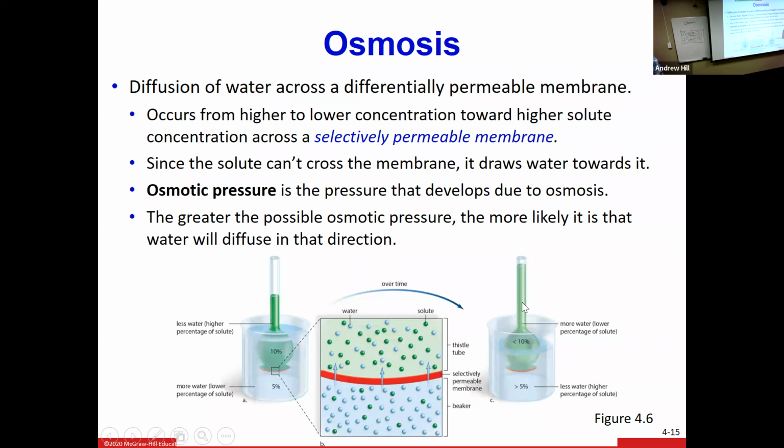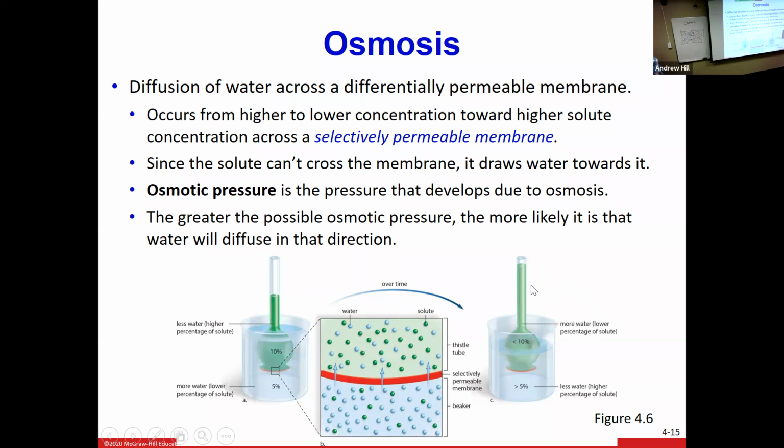Eventually, as the water moves, this column moves up. You can see that, and we can actually measure the height of that column. That column has a certain weight, and because of that weight, it presses down and causes pressure. That is actually the osmotic pressure.